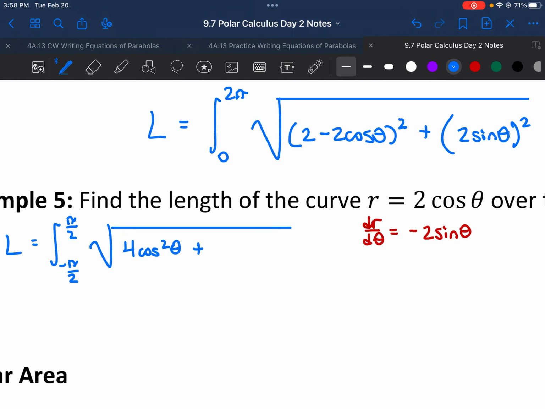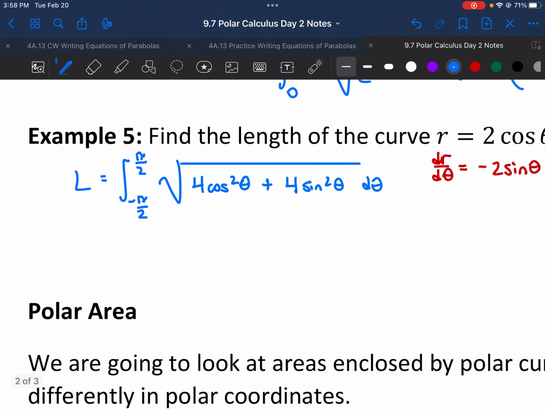All right, so if we square that, dr/dθ squared, we're going to get 4 sine squared θ dθ.